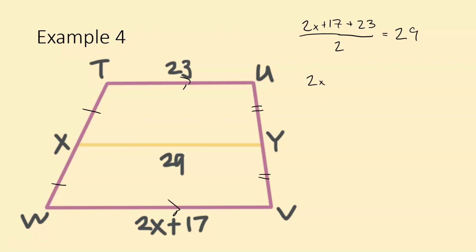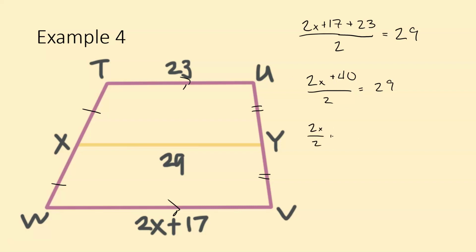We have some combining like terms that we can do. 17 plus 23 is 40. Now, we have a choice here. We can multiply by 2 on both sides, or we could actually simplify this because both terms in the numerator can be divided by 2 nicely. So I'm going to go ahead and do that.